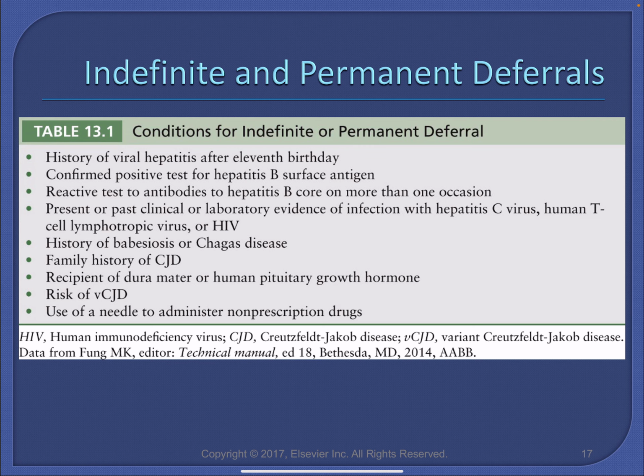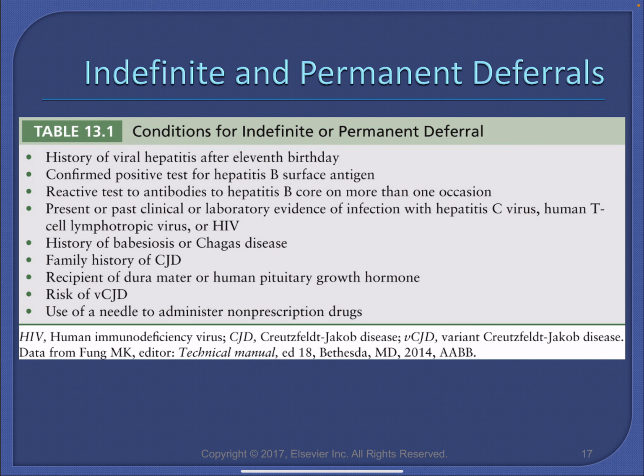Indefinite deferrals are a donor that has had a history of babesiosis, positive hepatitis B by NAT, repeatedly reactive test to anti-hepatitis B core or anti-HTLV virus, or any present or past clinical or laboratory evidence of infections with hepatitis C virus, HTLV, HIV, or Trypanosoma cruzi. So these are just some examples of what would defer the donor indefinitely or permanently.